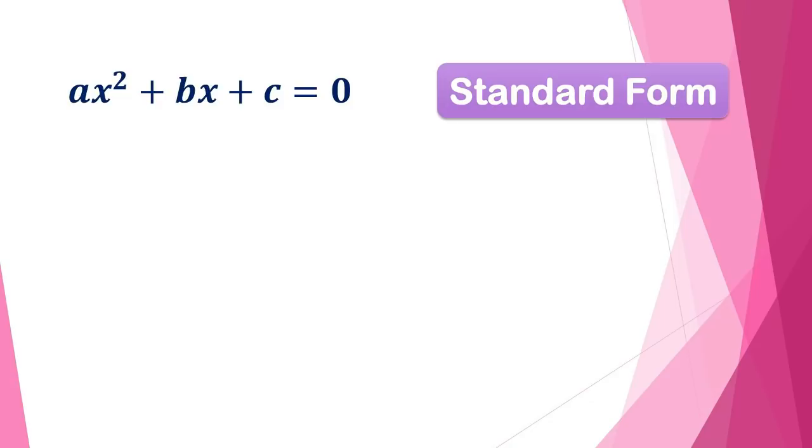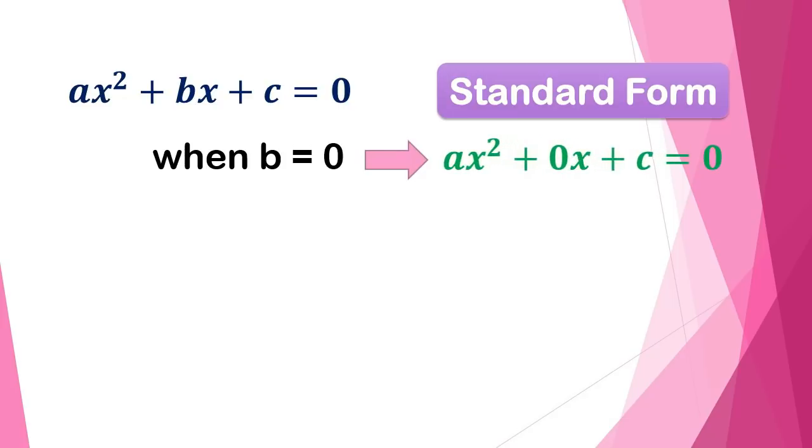Since the formula for standard form is ax squared plus bx plus c equals 0, what will happen when b is equal to 0? So when b is equal to 0, it will become ax squared plus 0x plus c equals 0. Since the value of b is equal to 0, what we are going to do in the formula is to cancel out 0x.